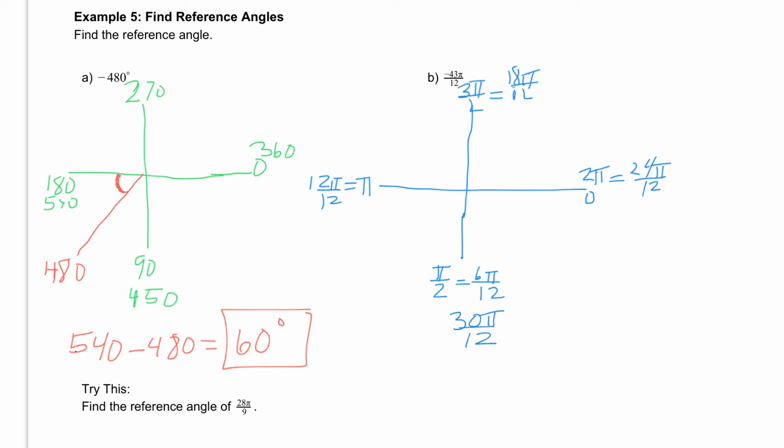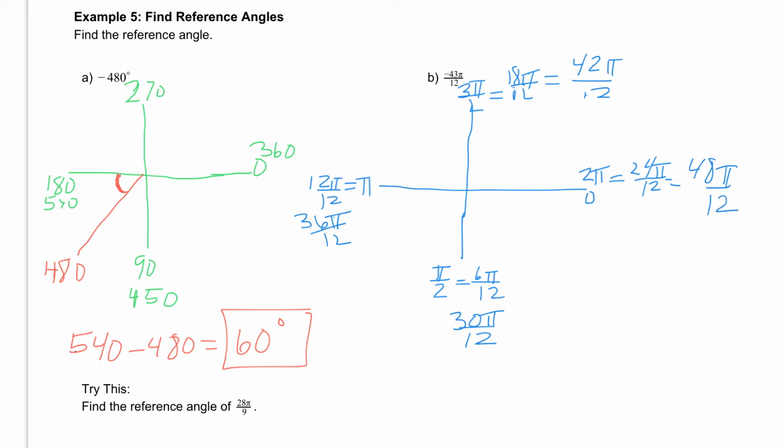Plus another 6, this would be 36 pi over 12. Plus another 6 would give us 42 pi over 12. And then plus another 6 would give us 48 pi over 12.